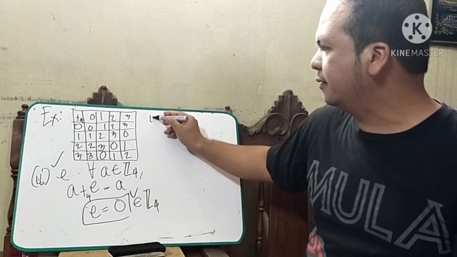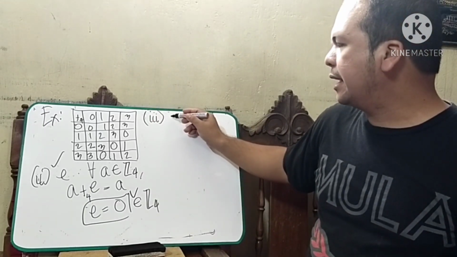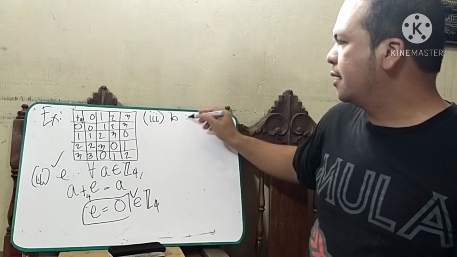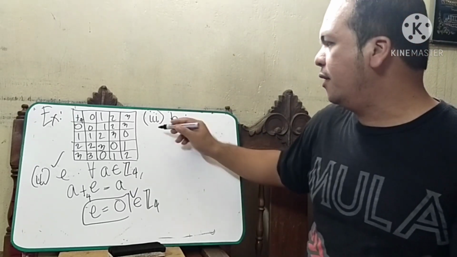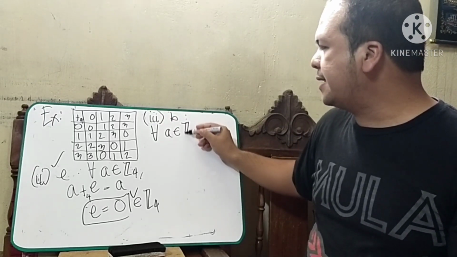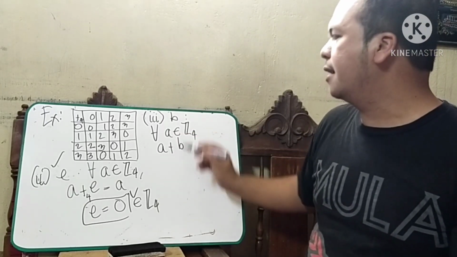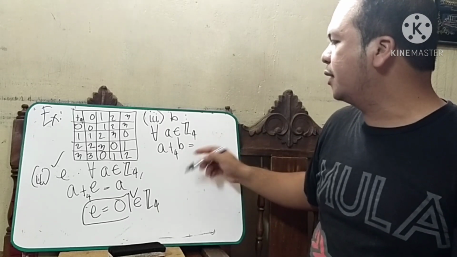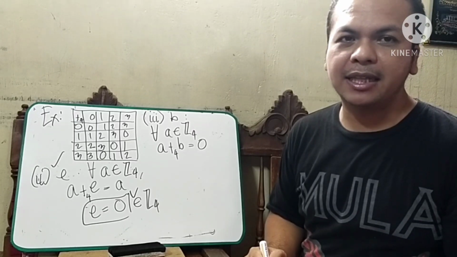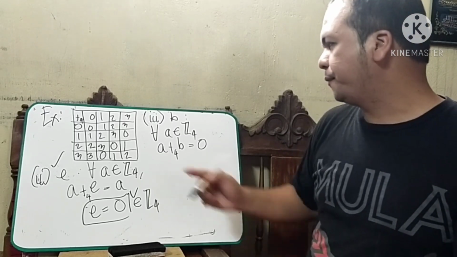Now, for the third property, the existence of an inverse element B. Anong sinasabi nitong property na to? For all A element ng Z sub 4, yung ating A plus B modulo 4 is equal to 0, the identity element in Z sub 4 with respect to addition modulo 4.